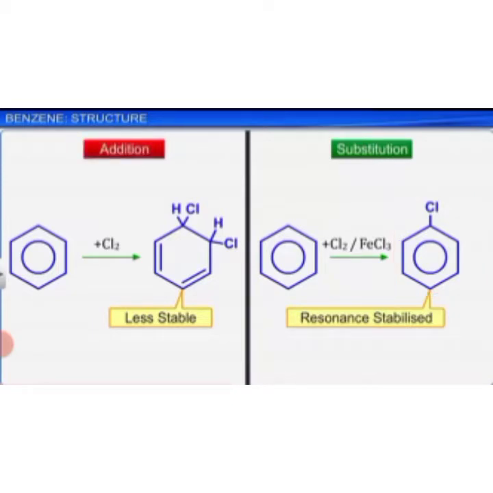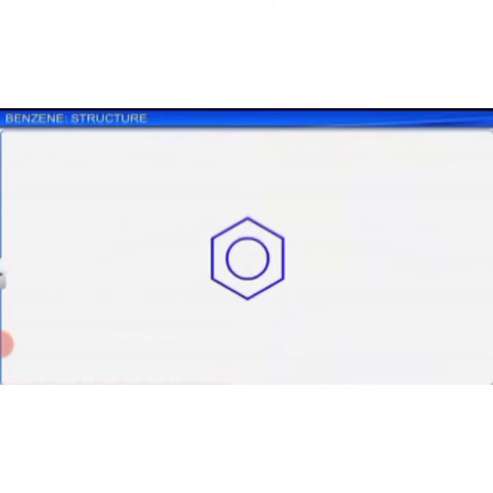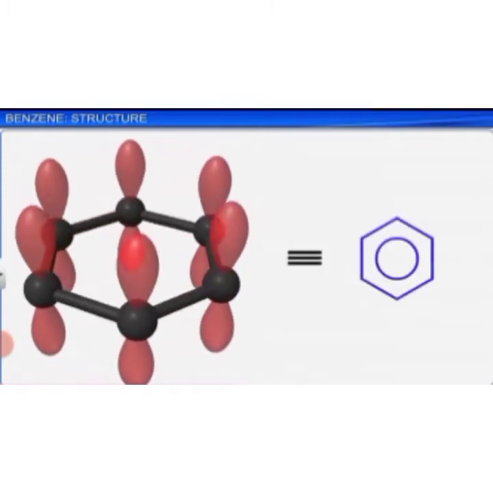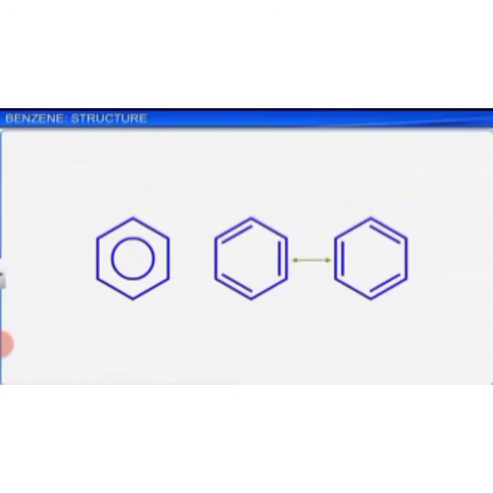The resonance hybrid of benzene explains the observed bond length. As is evident from the resonance hybrid of benzene, due to the continuous delocalization of the pi electrons between the carbon atoms, all carbon-carbon bonds are equal, and the carbon-carbon bond length in benzene is intermediate between carbon-carbon single bond and carbon-carbon double bond.